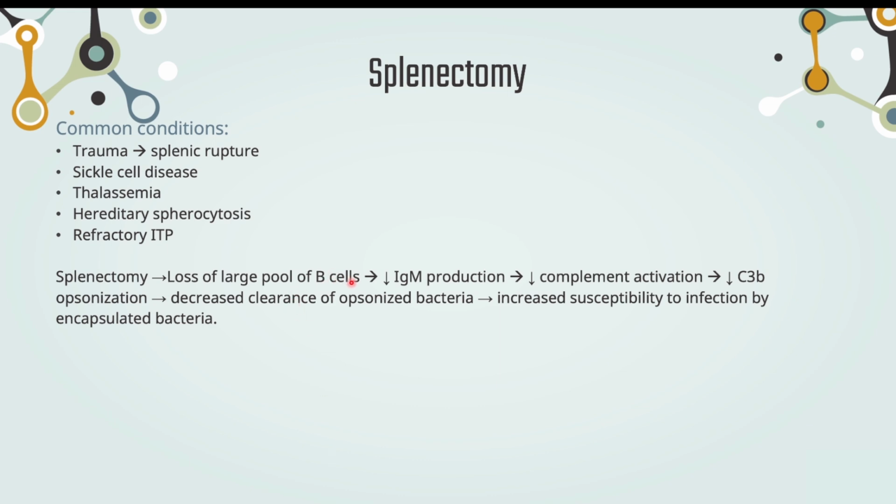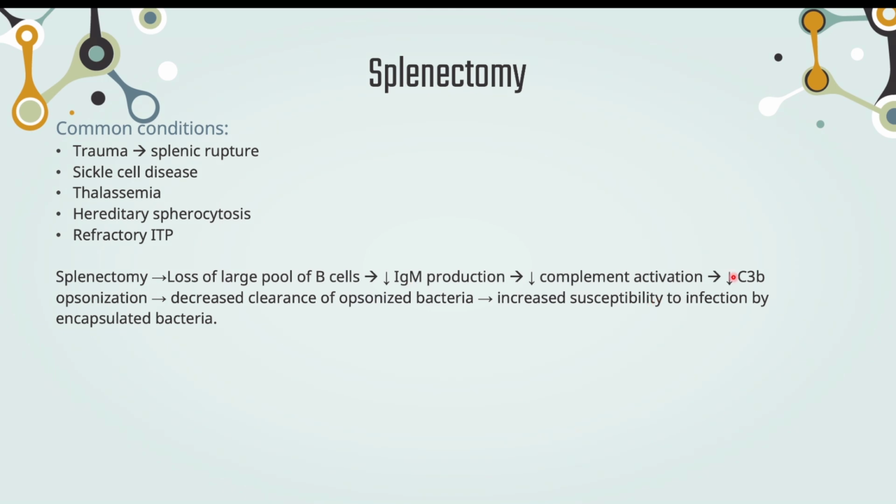When we remove this large pool of B cells, obviously the IgM production is going to decrease. When IgM production is decreased, the complement activation won't occur because we don't have this IgM. IgM and IgG antibodies are among the most important antibodies for complement activation.